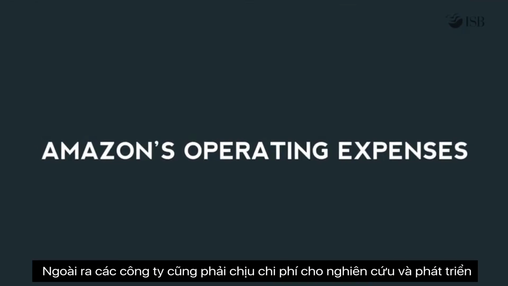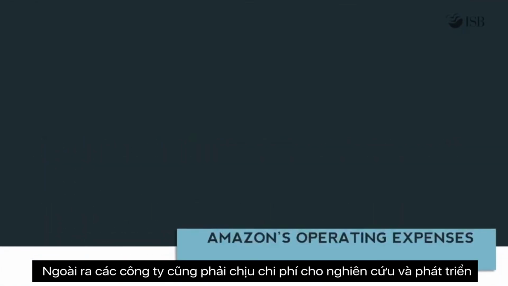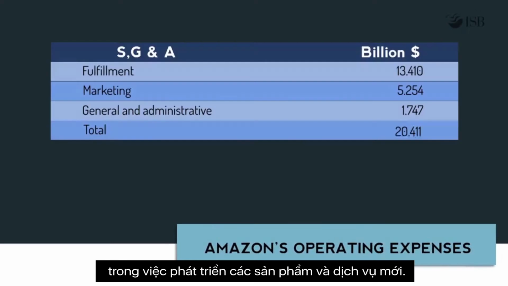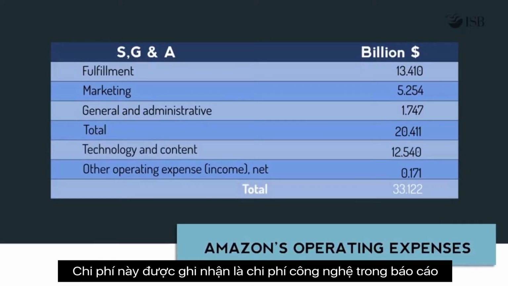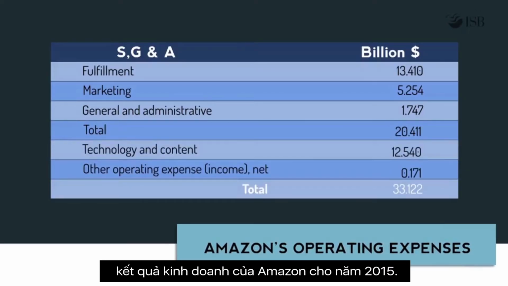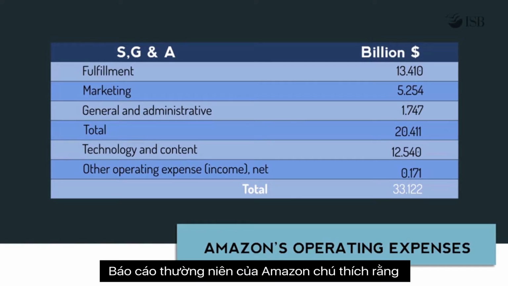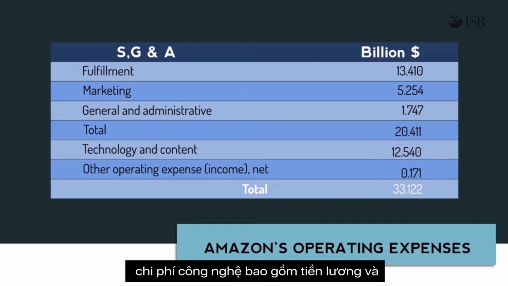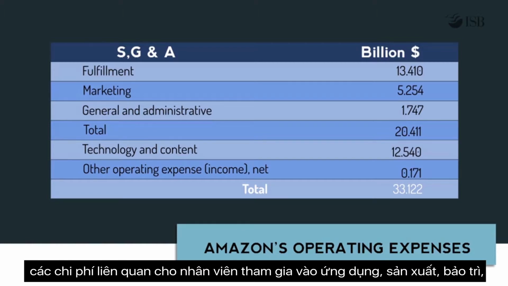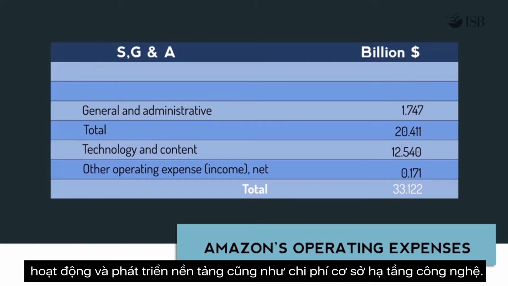Companies incur costs on research and development in developing new products and services. This appears as technology expenses on Amazon's income statement for 2015. Amazon's annual report states that technology costs include payroll and related costs for employees involved in application, production, maintenance, operation, and platform development, as well as technology infrastructure expenses.